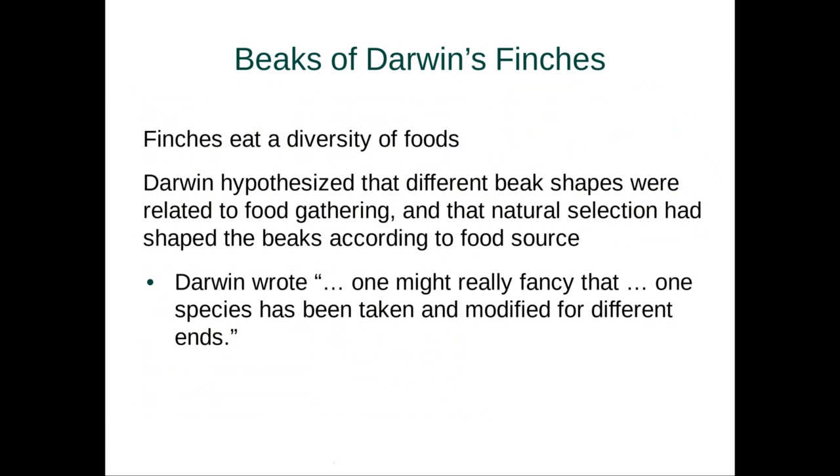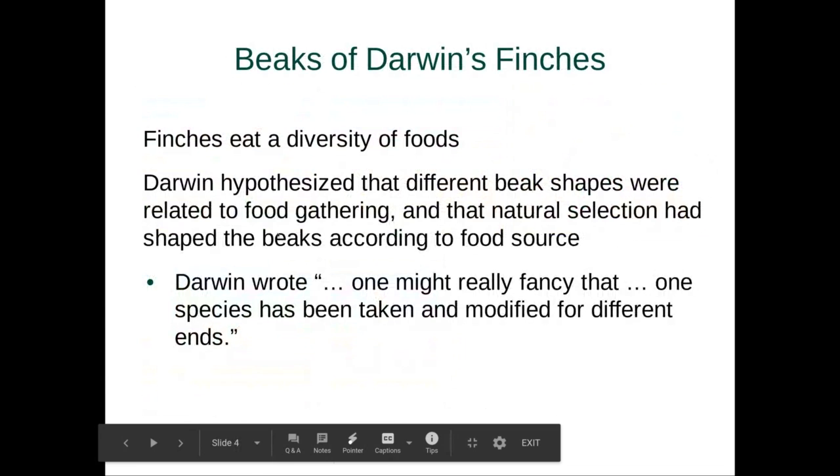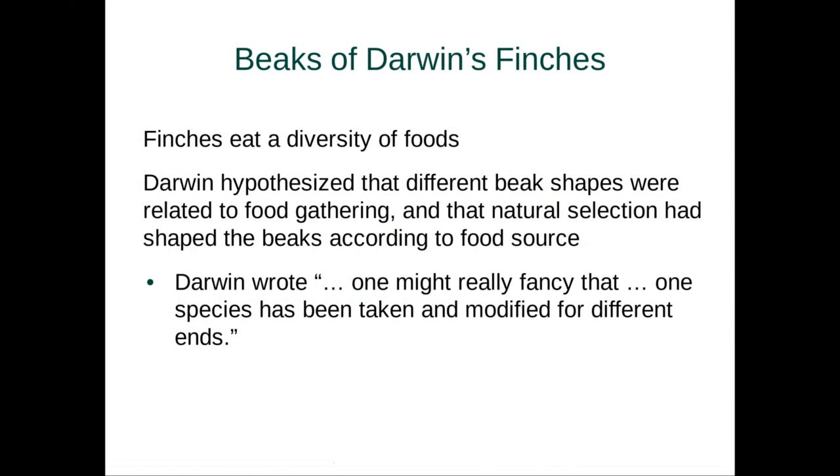Now, Darwin, after observing this wide diversity of foods that the finches eat, hypothesized that these different beak shapes were simply related to their food gathering habits, and that natural selection, remember this, the environment selecting, had shaped the beaks according to its food source. Now, remember, natural selection isn't a directed form of evolution.